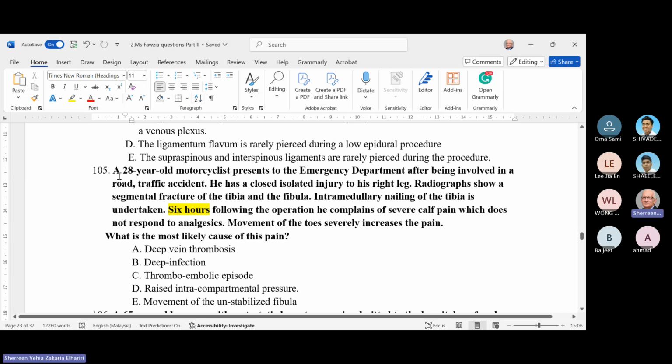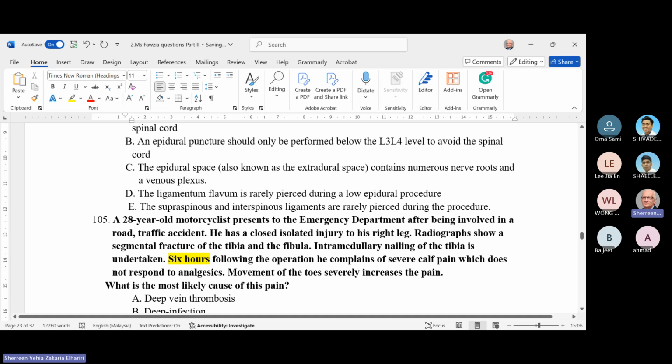Next question, I think it looks repeated. A 28 years old motorcyclist presented to the emergency department after being involved in an RTA. He has a closed isolated injury of the right leg.